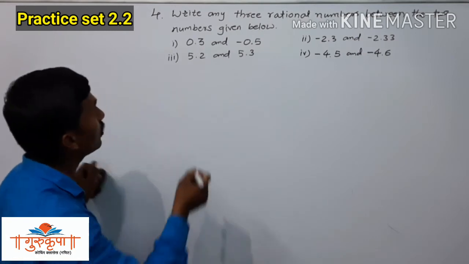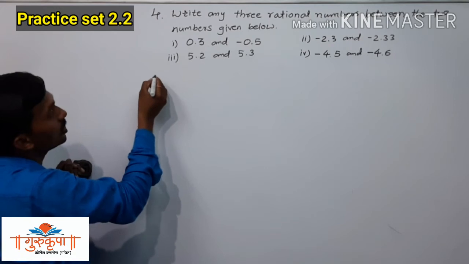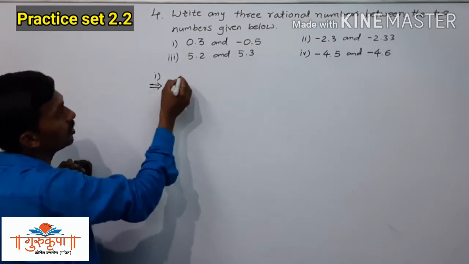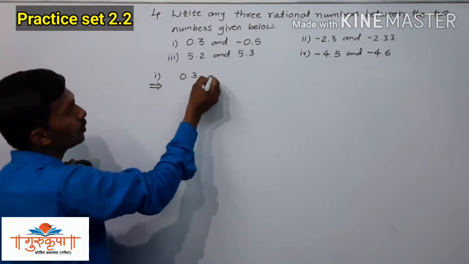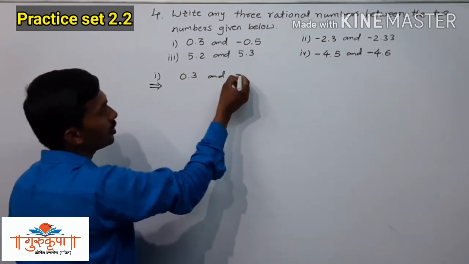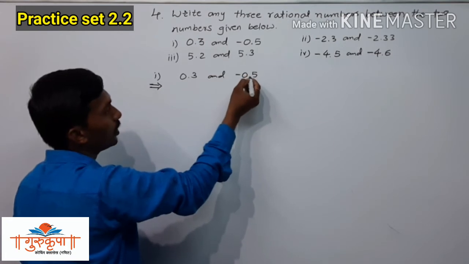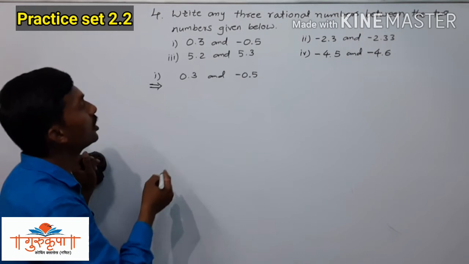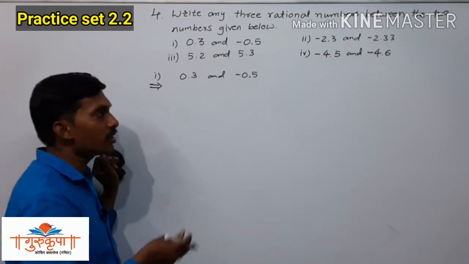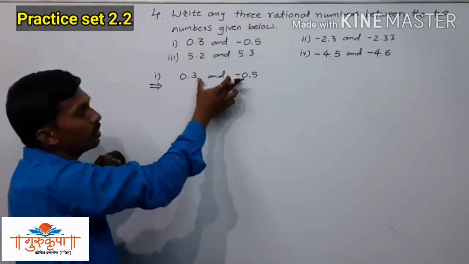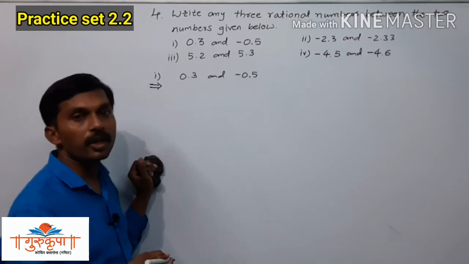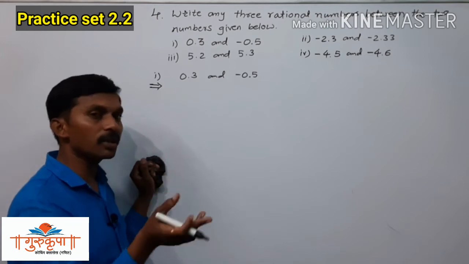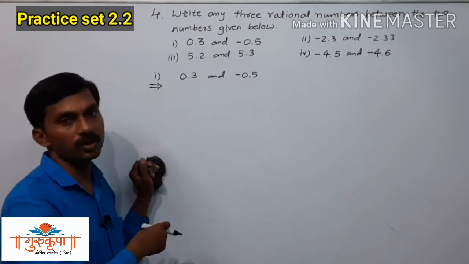So here we will take the first example. In the first example we have given the 2 rational numbers, 0.3 and negative 0.5, and we have to write 3 rational numbers between them. How do we get the rational numbers between 2 rational numbers?